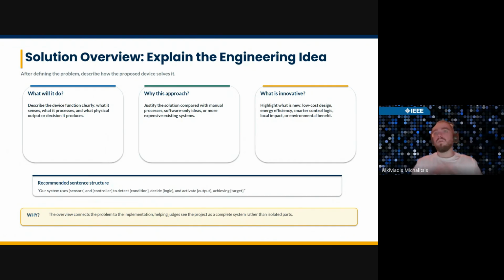Why this approach? Why did you select this over something else? You should justify the solution compared with a manual process. For example, if I want to clean my house and I don't have the time, a robot mop might be better for me. So you should justify the solution compared with manual processes, software-only ideas, or more expensive existing systems.